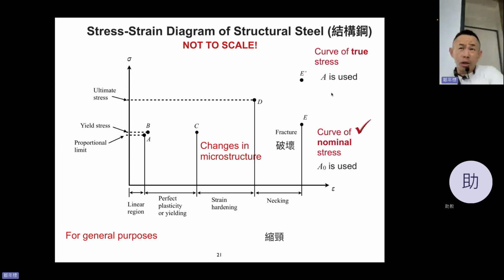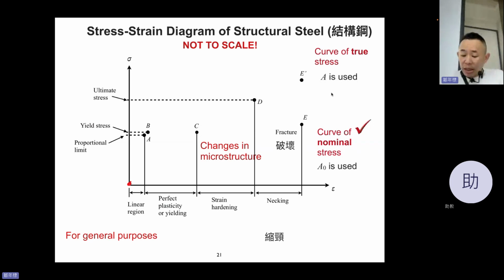Next, I believe you have seen this figure before because it was also introduced in the introduction to materials science and engineering. I believe you know that this curve starts from here, the x-axis is strain, and the y-axis is sigma, stress. So this is the stress-strain curve, or stress-strain diagram.